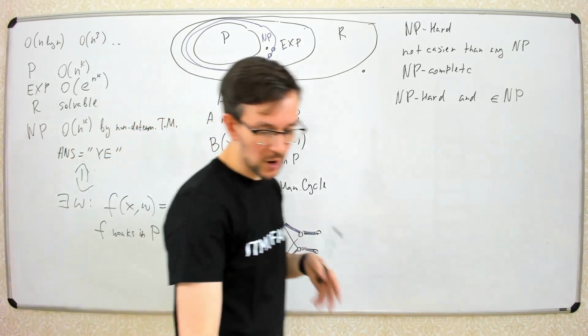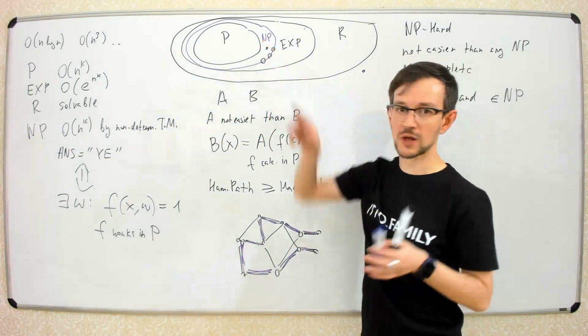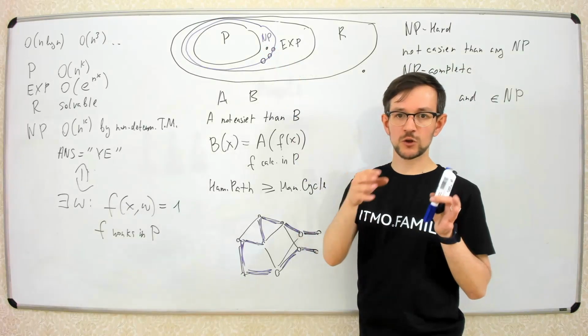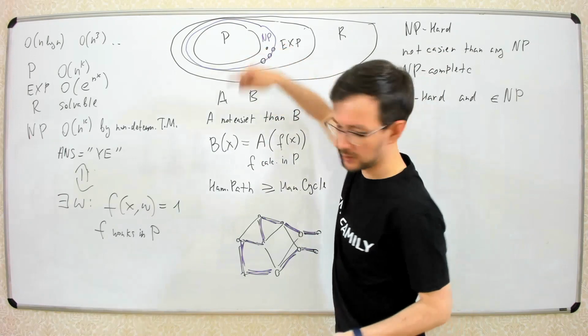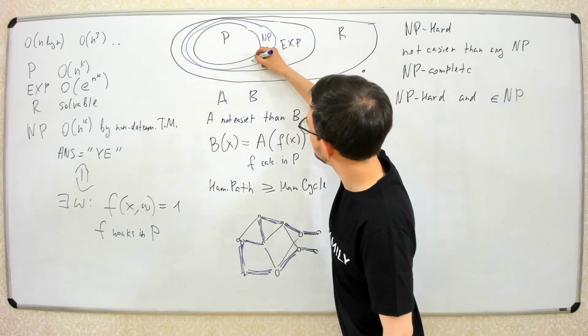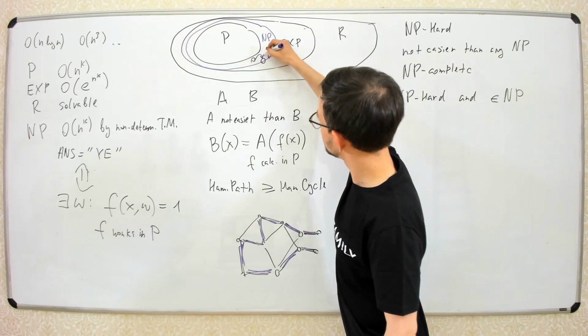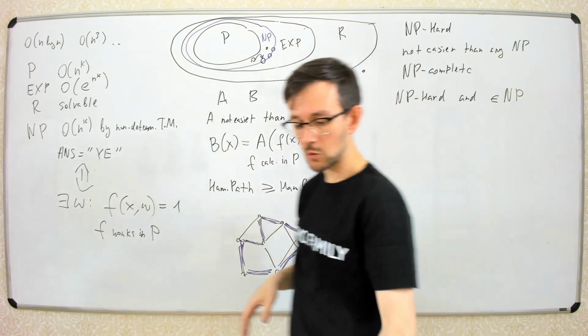So NP-complete problems are very special problems. These are problems which belong to class NP, and they are not easier than any problem in class NP. It means we can reduce any problem in class NP to one of these NP-complete problems. So if you take any problem in the NP class, you can reduce it to your NP-complete problem. What does it mean?